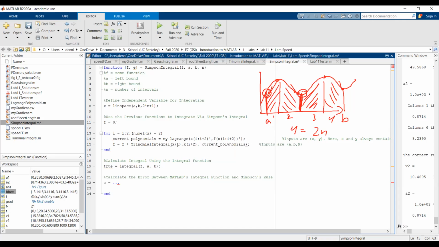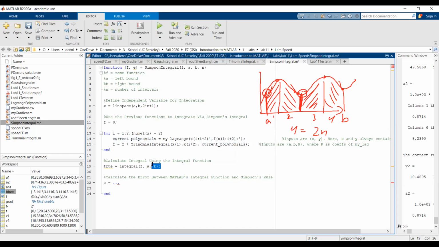Current polynomials outputs the coefficients of whatever parabola we've approximated using my Lagrange, so P is the coefficients from my Lagrange.